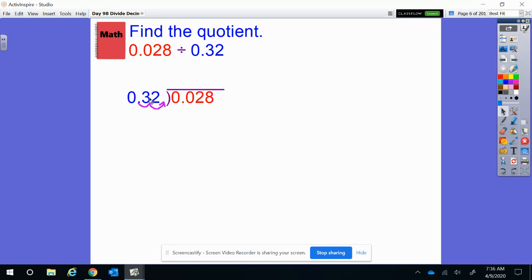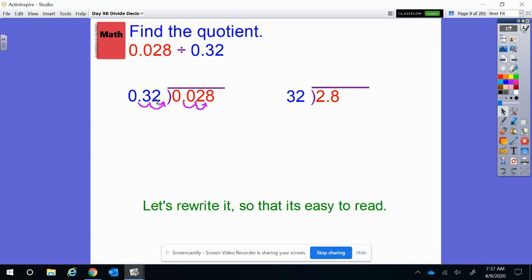Whatever you do to the divisor, you must also do to the dividend. So we have to hop this, move it once and twice. So let's rewrite it now. Let's rewrite it as 32 and 2 8/10.